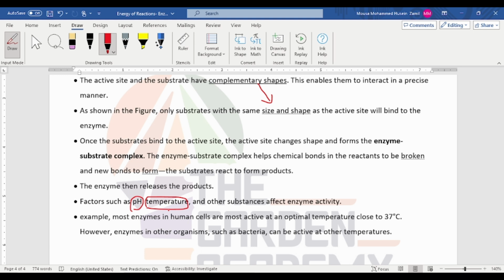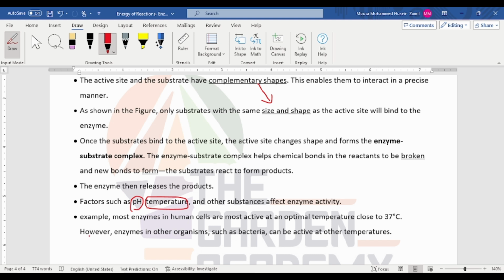For an enzyme to work perfectly in a cell, there must be a certain temperature and a certain pH. There are other factors, but these are the most important ones you have to know, pH and temperature. Those affect the enzyme activity.